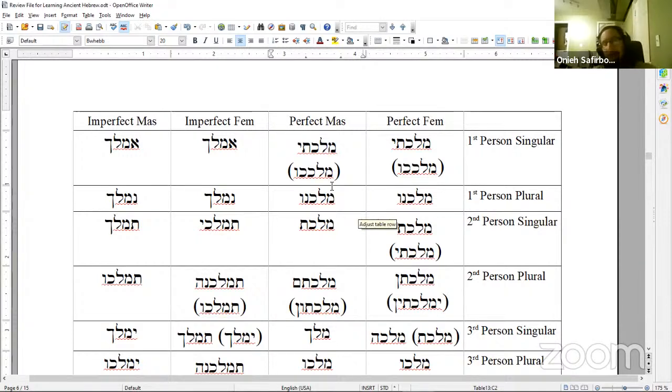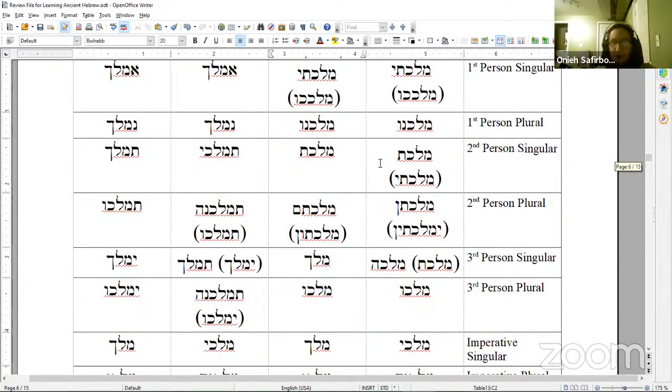And if you look at the pronouns, the kaf reading actually seems to be the original reading. Like if you look at the pronouns, I'll show you in a sec.